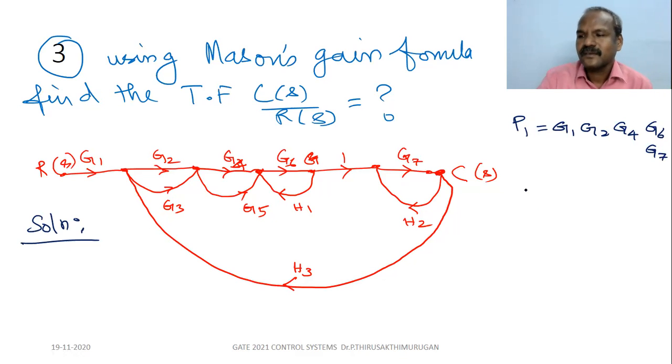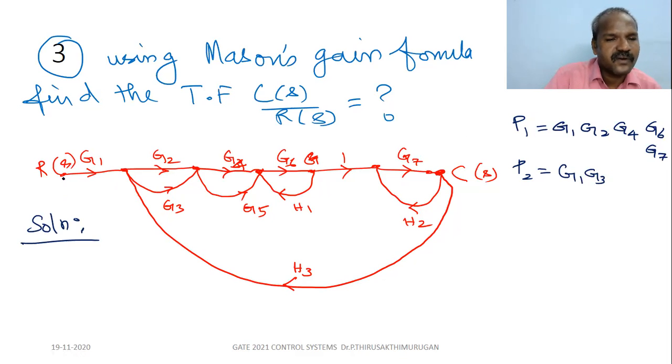Am I right? Next is P2. P2 equal to G1, G3, G4, G6, G7. That is the second forward path.